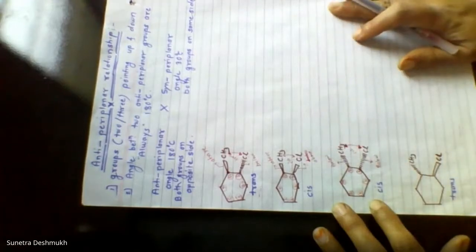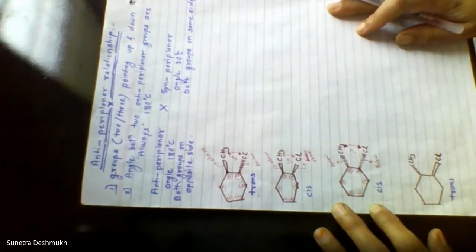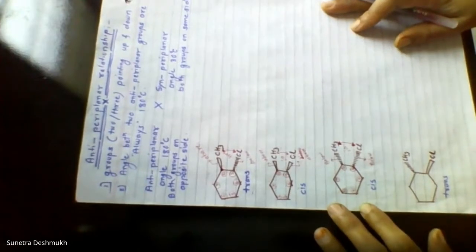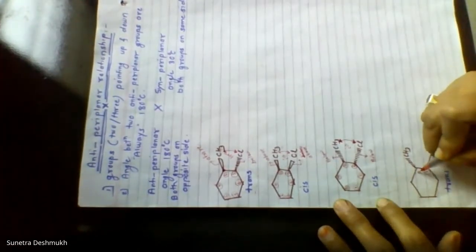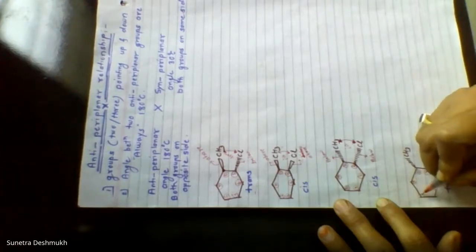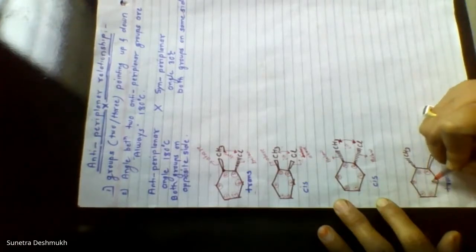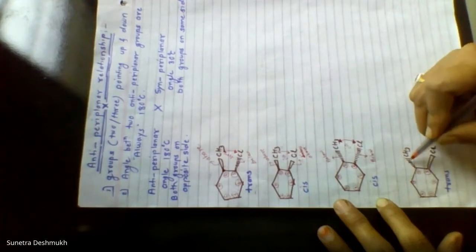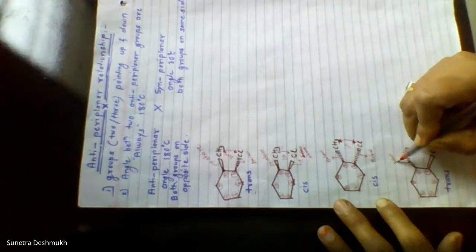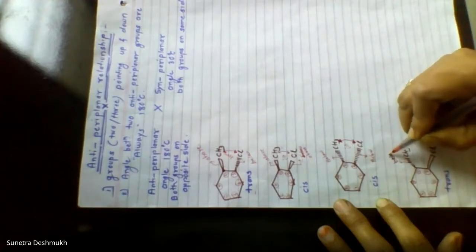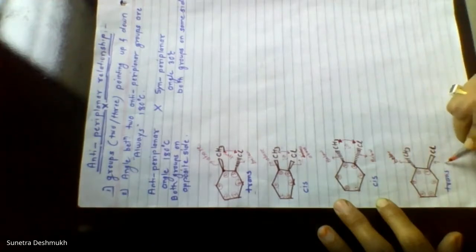And now the last conformer I have written here. I will number it first, fifth and sixth. In it the methyl group is pointing below the plane and the chlorine is pointing above the plane, which is totally opposite to the first conformer.